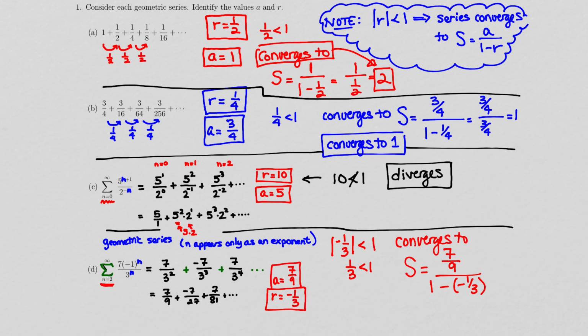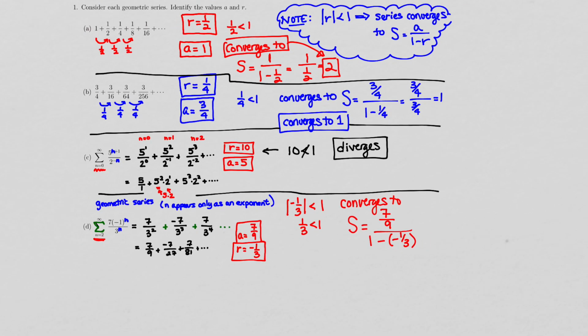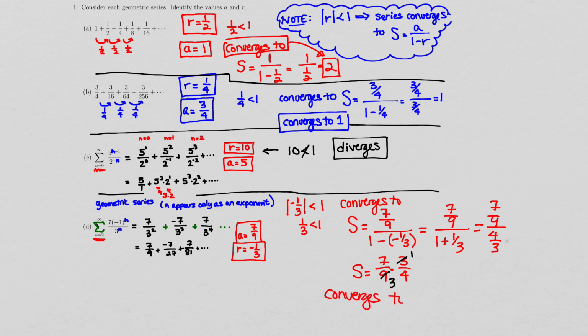If your R value is negative 1/3, it's 1 minus negative 1/3, which will go plus. So that's 7/9 over 1 plus 1/3, which is 7/9 over 4/3. So what's the sum? 7/9 times 3 over 4. That cancels. Did you guys get that this converges to 7 over 12? I think that's what I'm getting to.